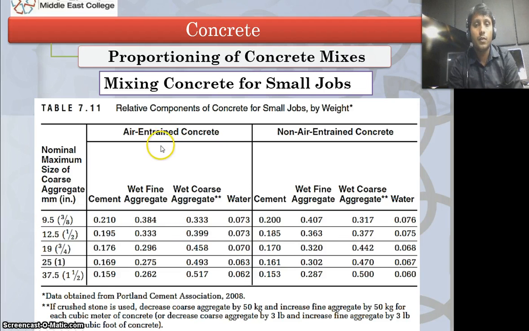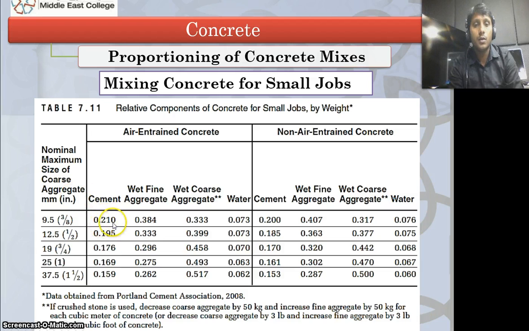There are 2 types of concretes, air entrained concrete and non-air entrained concrete. You can learn about these things in future. As of now, air entrained concrete means concrete which has some air voids, and non-air entrained means no air voids.